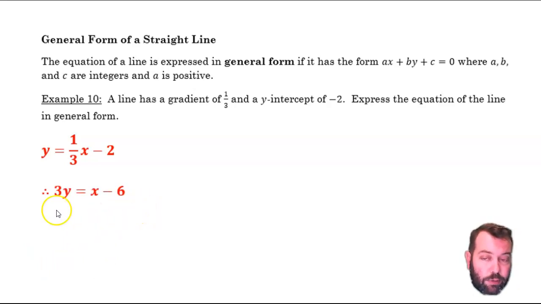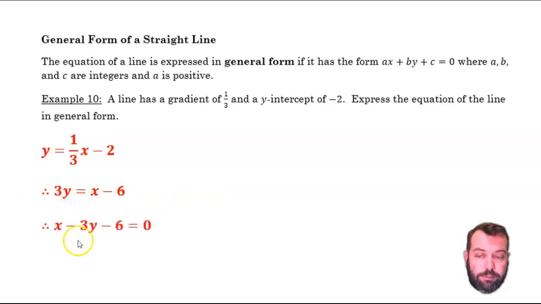Now we need to get all of the terms to the same side, so I'm going to subtract 3y from both sides. X has a positive coefficient of 1, and then there's the coefficient of y, and the constant. So a, b, and c are all integers, and a is a positive integer. So there we go. That is this equation expressed in general form.